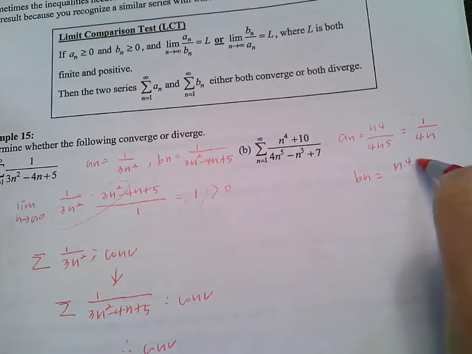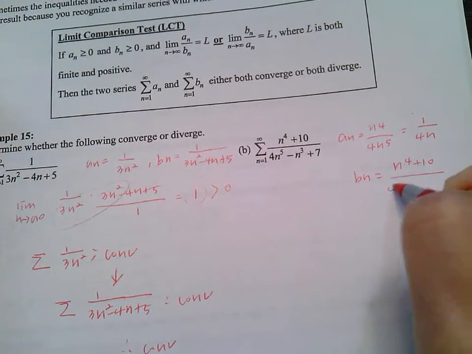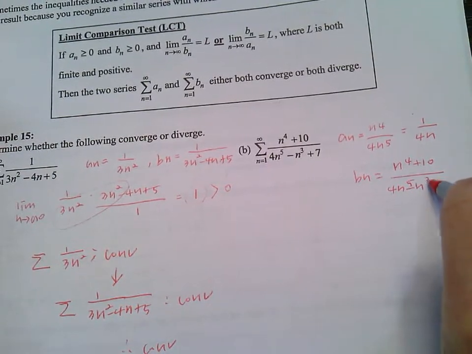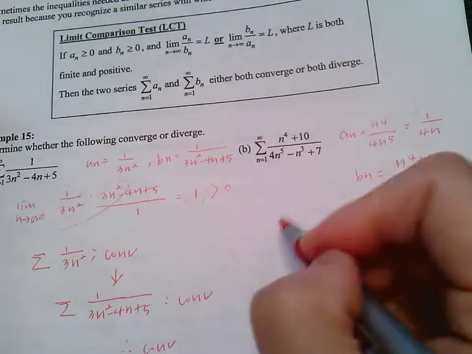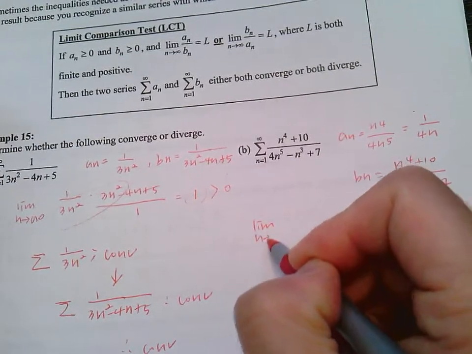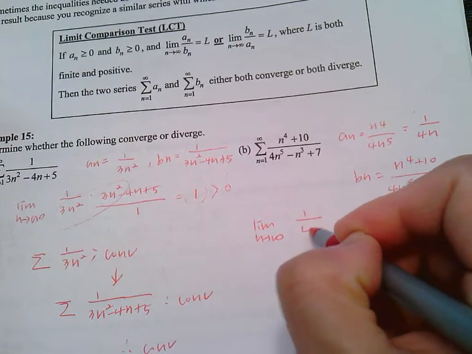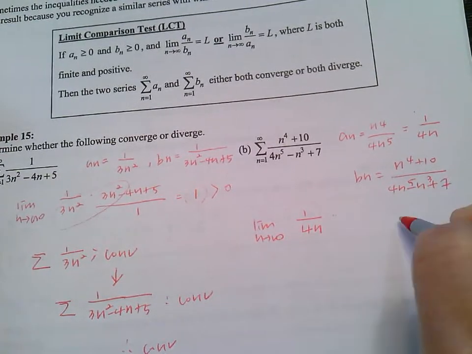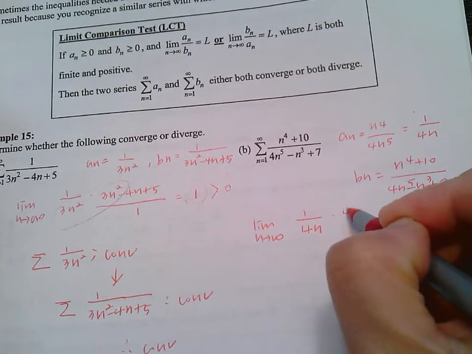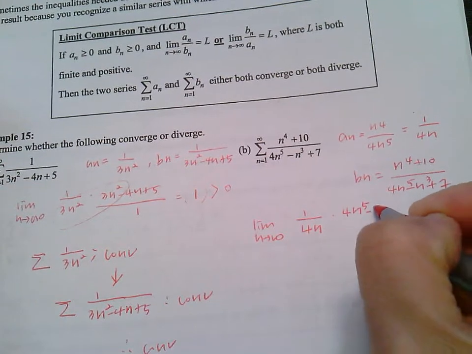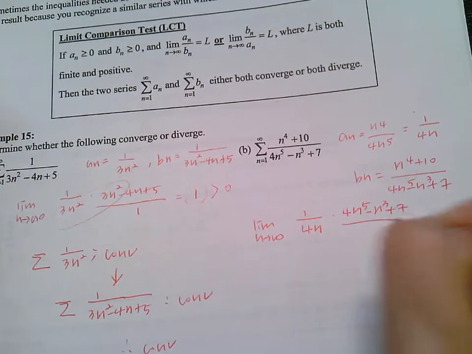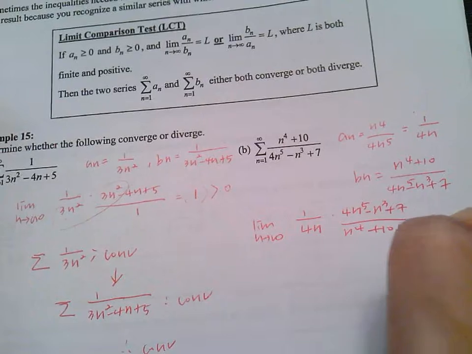So which is n to the 4th plus 10 over 4n to the 5th minus n to the 3rd plus 7. Now the limit as n approaches infinity of a sub n over b sub n, which is 1 over 4n divided by b sub n, or the reciprocal of b sub n, which is 4n to the 5th minus n to the 3rd plus 7 over n to the 4th plus 10.